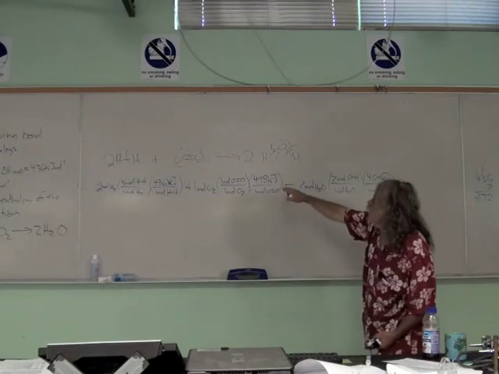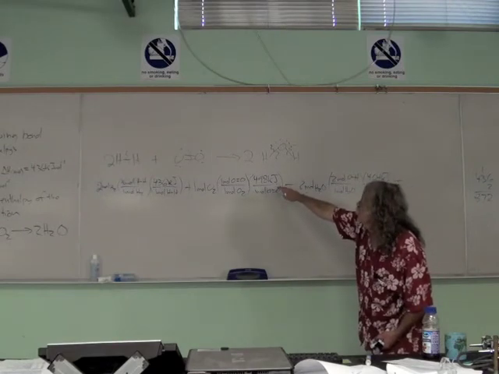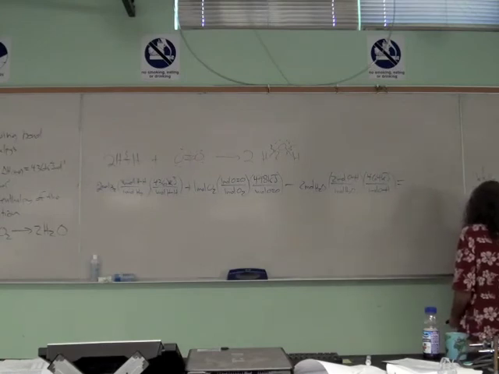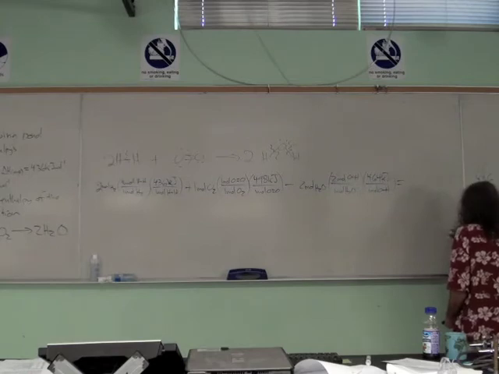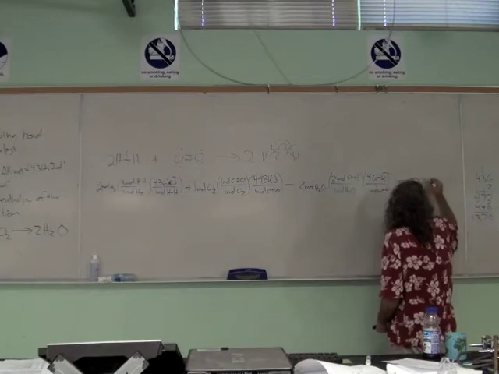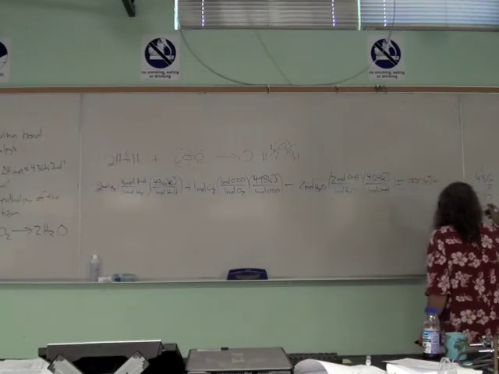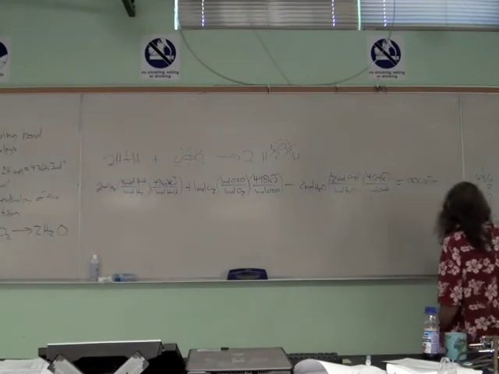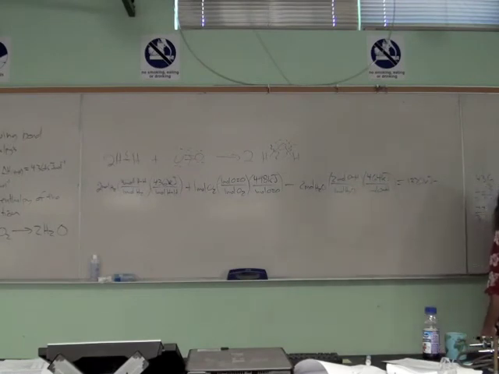Then I've got 1 mole times 498, so I add 498 to that, which gives 1370 kilojoules. Minus, and now I have 2 times 2, which is 4, times 464, which is 1856.